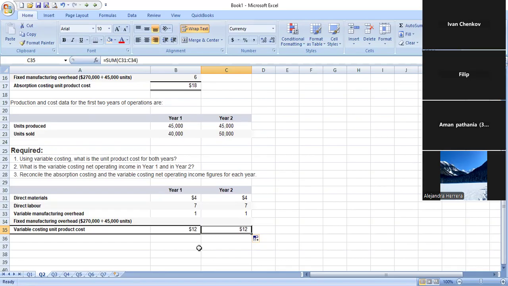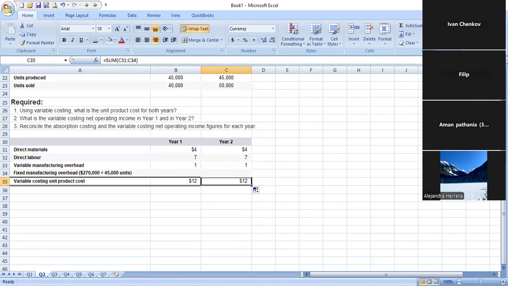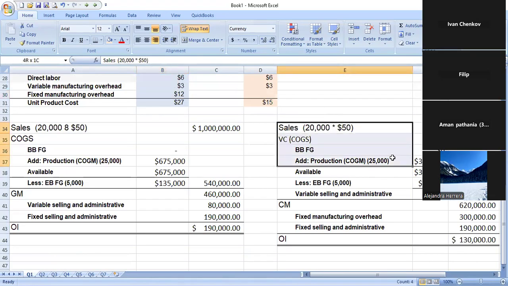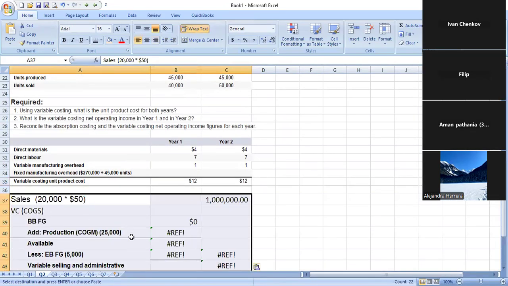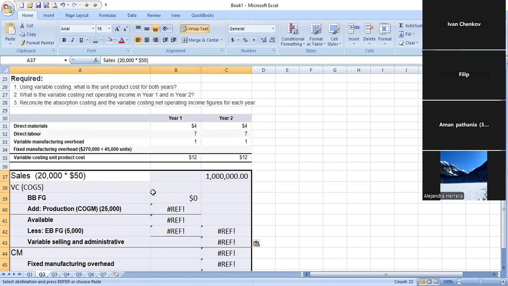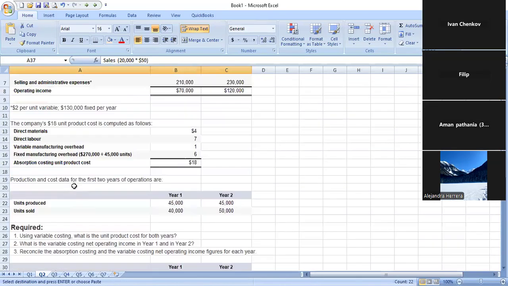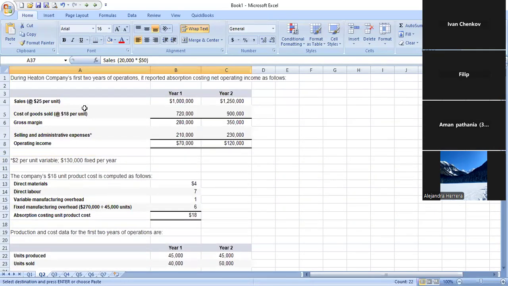To answer this question, I can use this calculation, and that's going to save us a lot of time. I can put this calculation here. Now what we have to do is adjust. Make sense?